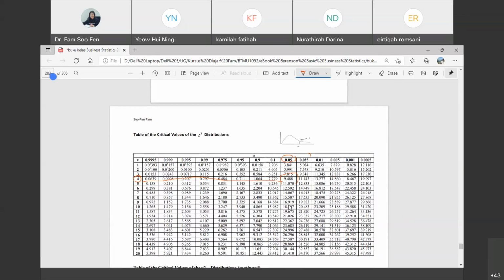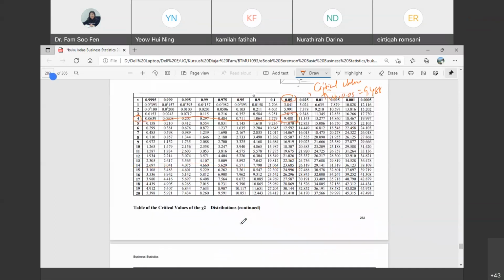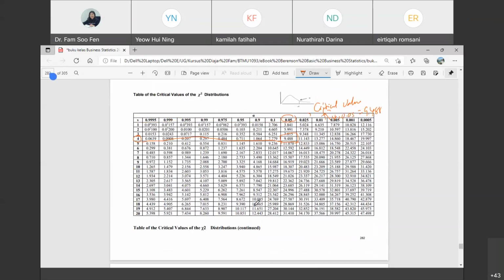This is how we get our critical value, the critical value for the chi-square at 0.05. The figure is equal to 9.488, on page 282.